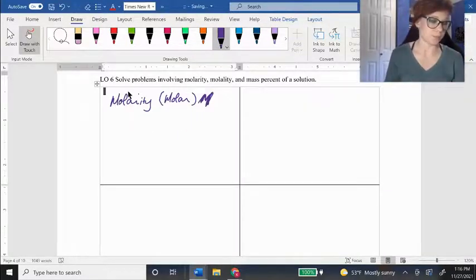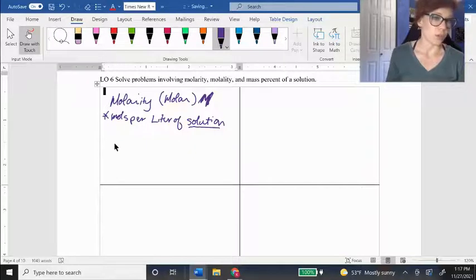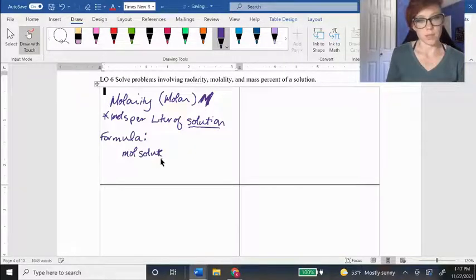Molarity. We call these molar solutions, and it's abbreviated as a bolded capital M. This is moles per liter of solution. You're going to pay attention to that. That's solution, not solvent. Your formula: moles of solute over liters solution.